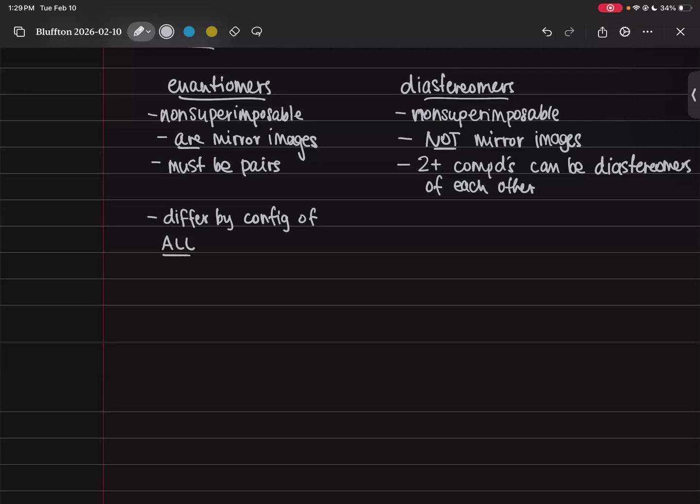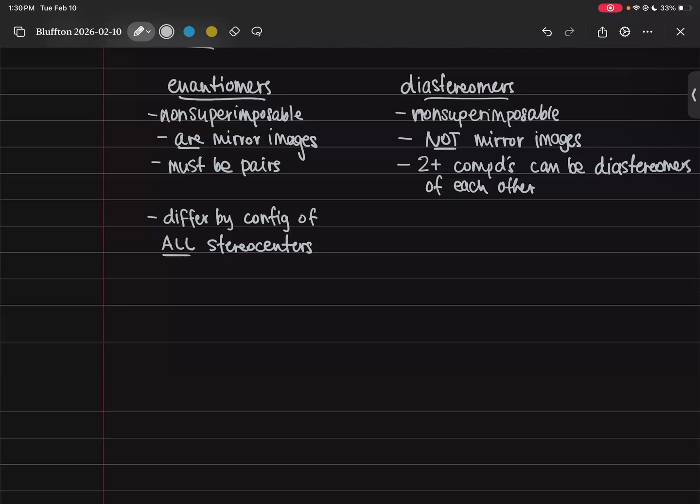Enantiomers differ from each other by the configuration of every single one of the stereocenters. In the examples we've seen previously, there's only one stereocenter in the molecule, so we just flip that one stereocenter and we get the enantiomer.